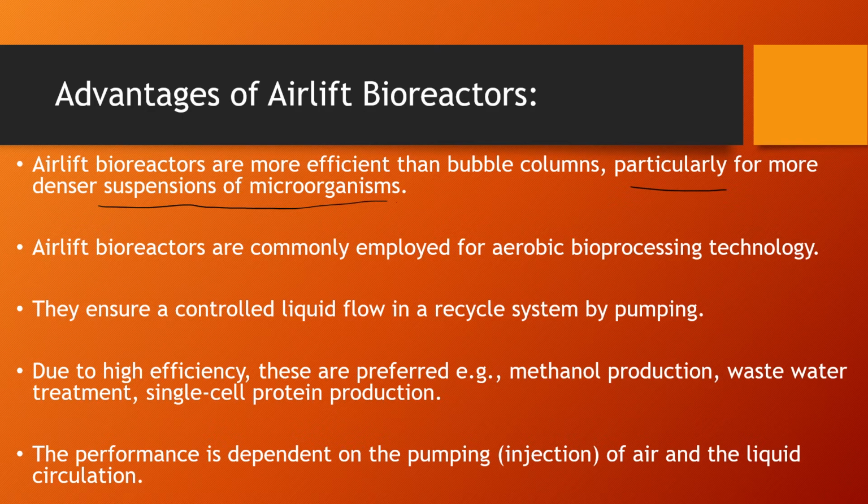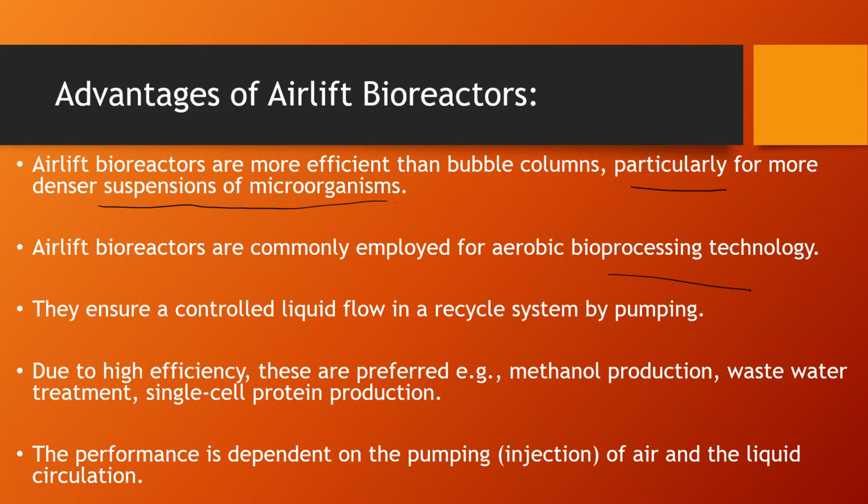They are more commonly employed for aerobic bioprocess technology, obviously because air is used. They ensure a controlled liquid flow. How can we control it? We can control it through the flow rate of the air from the sparger. Due to high efficiency, these are preferred over other bioreactors, for example in methanol production, wastewater treatment, and single cell protein production.